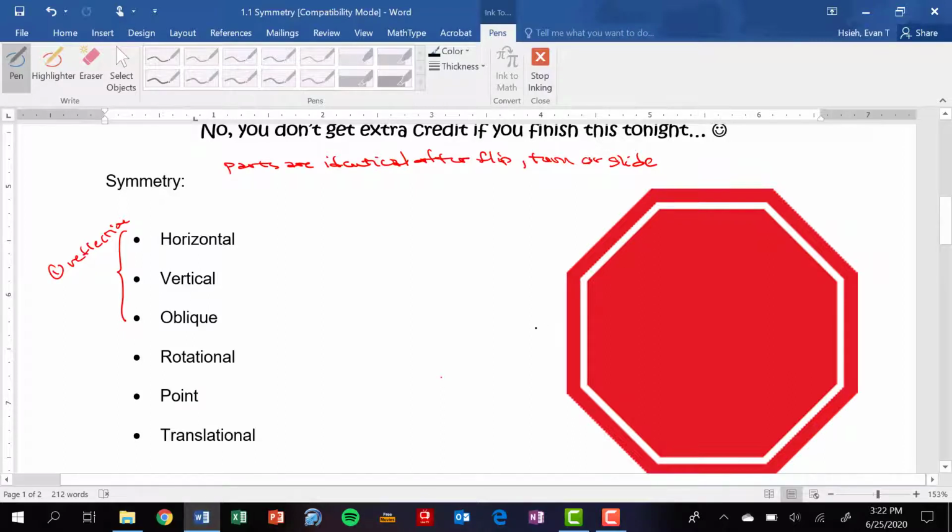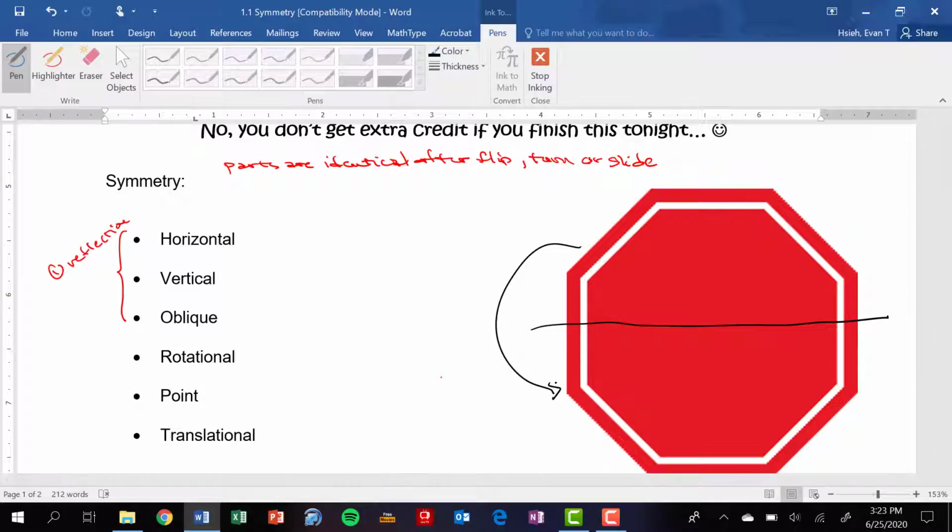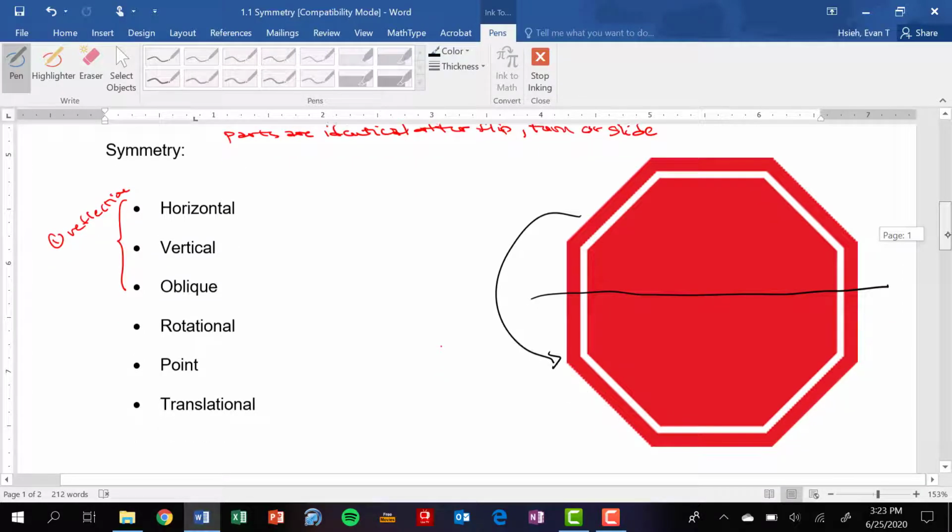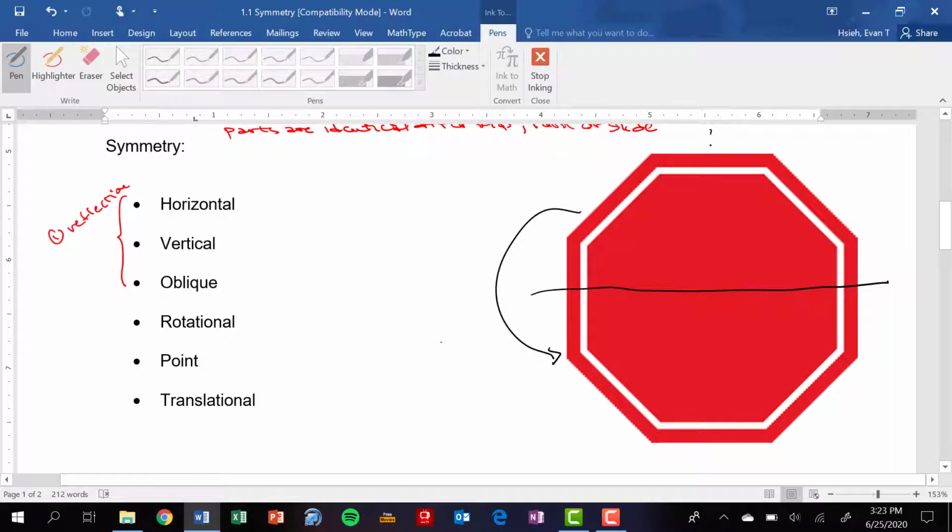It has horizontal symmetry because if you flip the top over to the bottom over a horizontal line, it is identical. Same thing with vertical. It has vertical symmetry also, because if I draw in a vertical line and you reflect the left side over to the right side, it is identical.